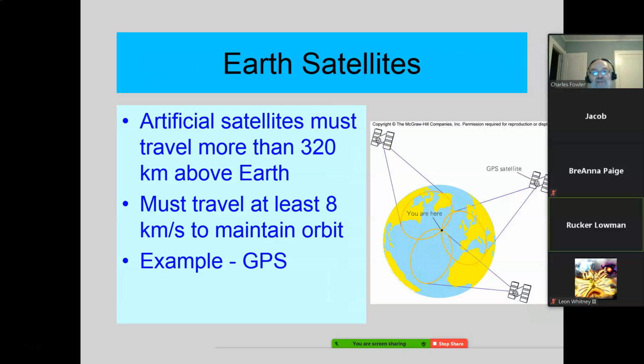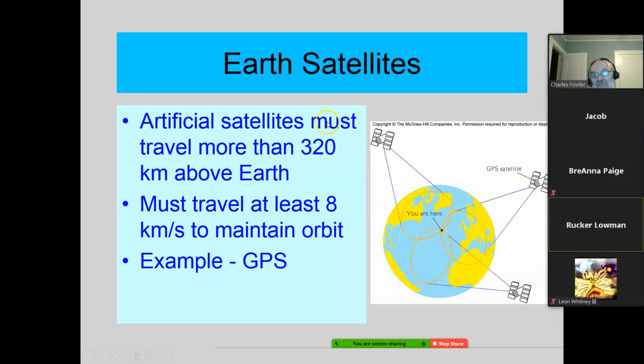Okay, so now let's talk about Earth satellites. This is on right-hand column of page 52. Now, the moon is the natural Earth satellite, the main one we've got. We've sent up there tons of artificial satellites.